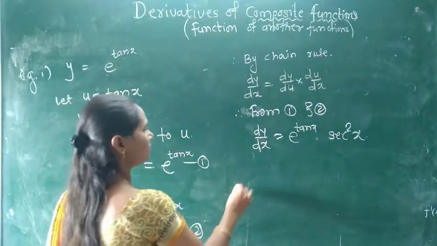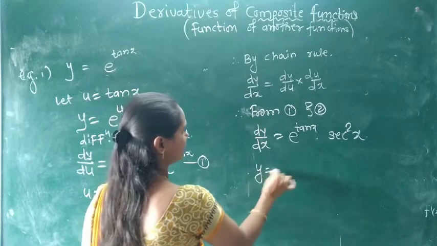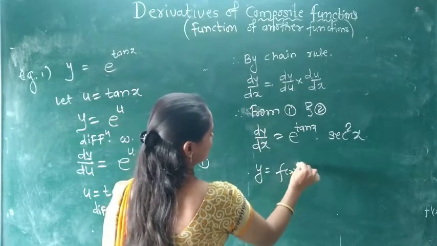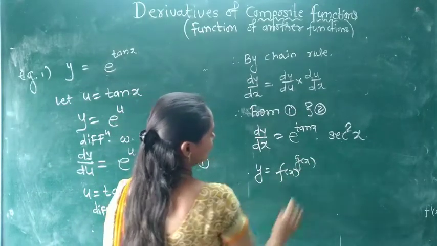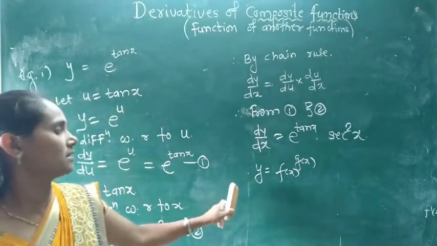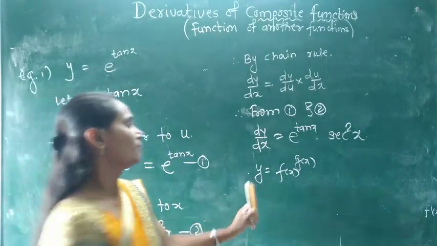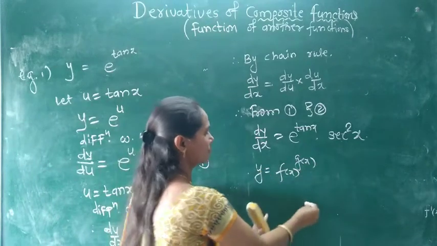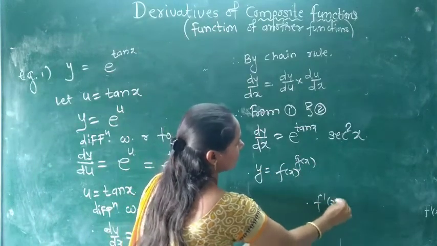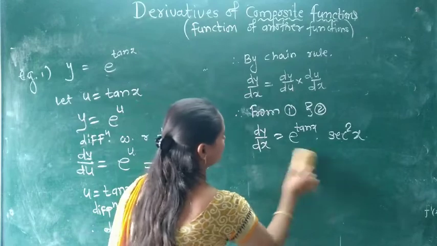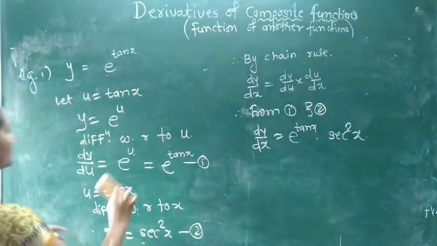Simply, if we have any function y is equal to e raised to g of x, then the derivative dy upon dx is the derivative of this function into the derivative of the inner function given in the example.